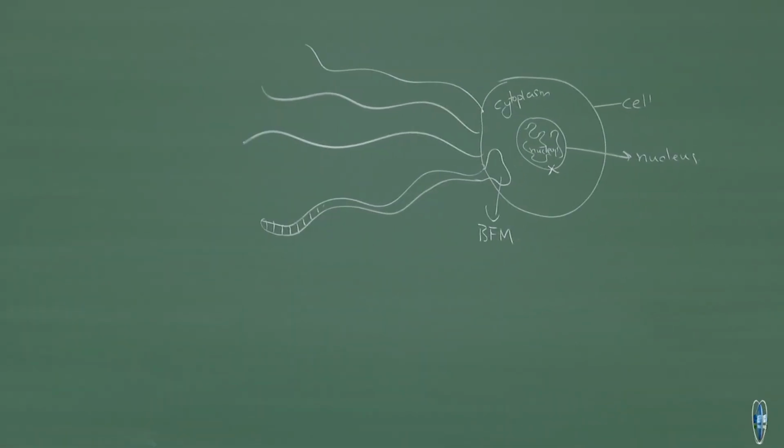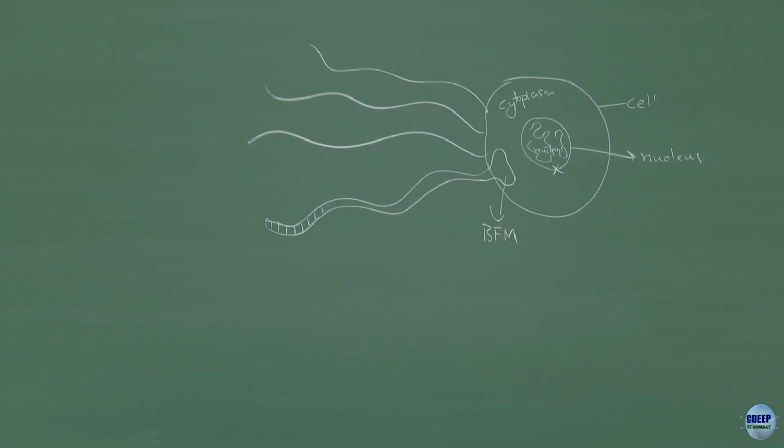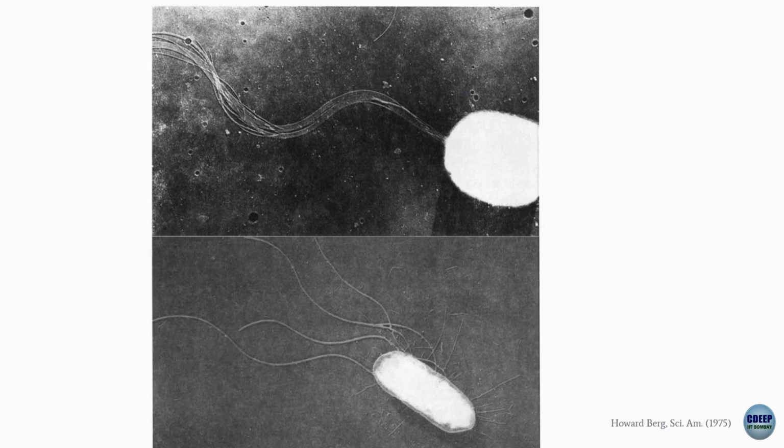The flagellum can rotate either counterclockwise or clockwise. Now, if all of these flagella rotate counterclockwise, they bunch up together. So you have one thick helical filament rotating counterclockwise, or they could rotate individually clockwise, something like this.